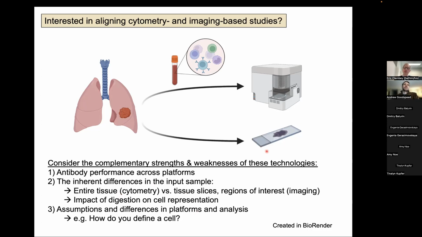In contrast, if you think about imaging-based studies, here you're using tissue slices and regions of interest. And as I already alluded to, the impact of digestion for cytometry can result in differential cell representation. One case in which you might have a susceptible cell might not be as detected in cytometry as in imaging. It's also important to be aware of the assumptions and differences in the analysis.